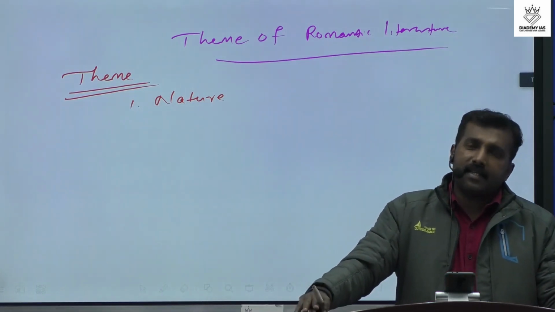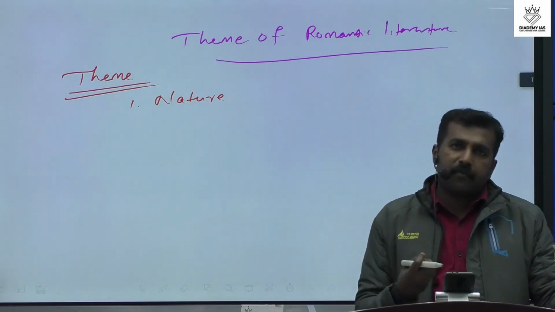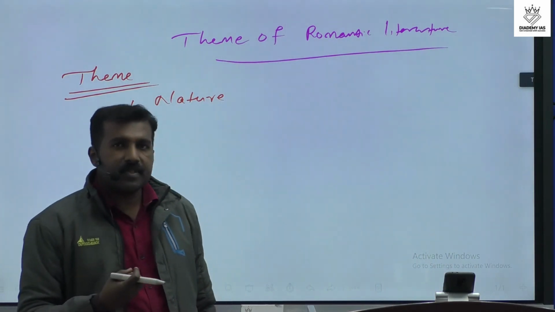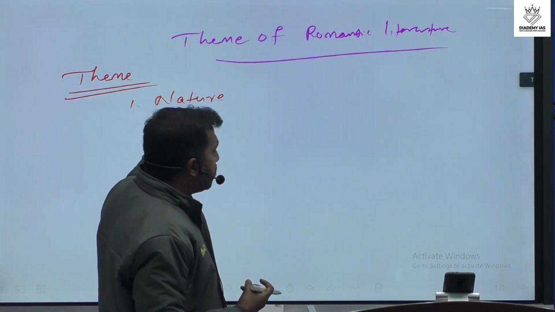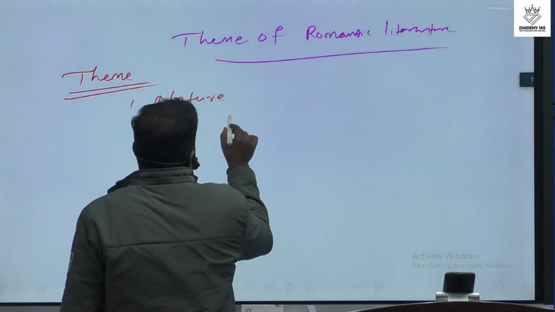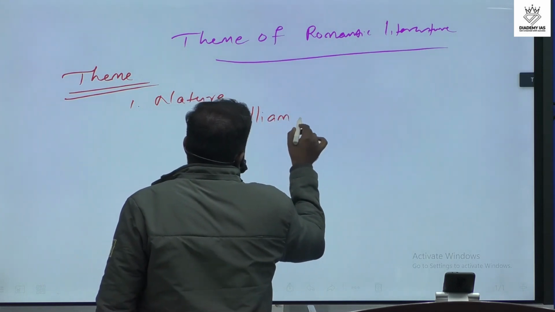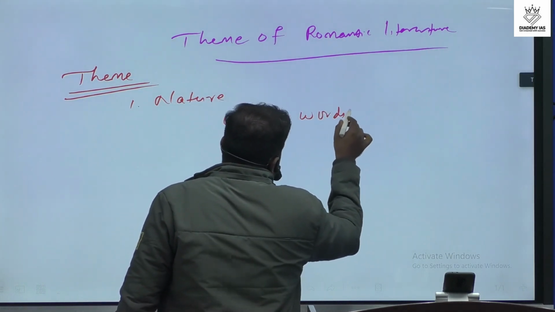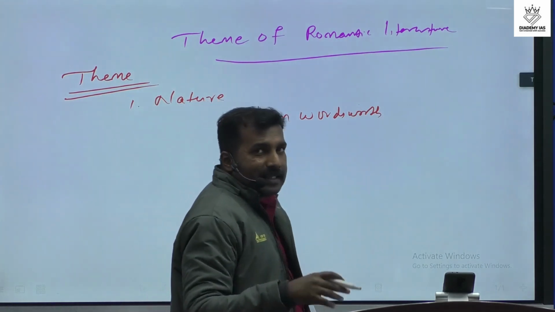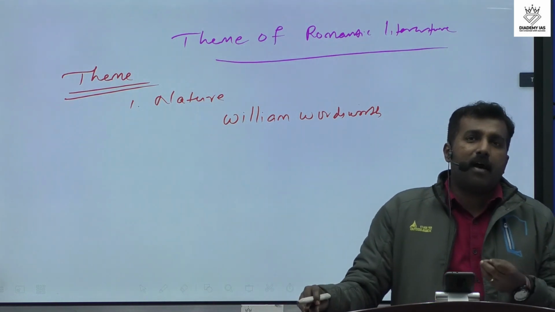William Wordsworth is considered the pioneer of this Romantic movement or Romantic age, and he specifically used nature. William Wordsworth emphasized the spontaneous flow of writing, which is the basic thing we have to understand.